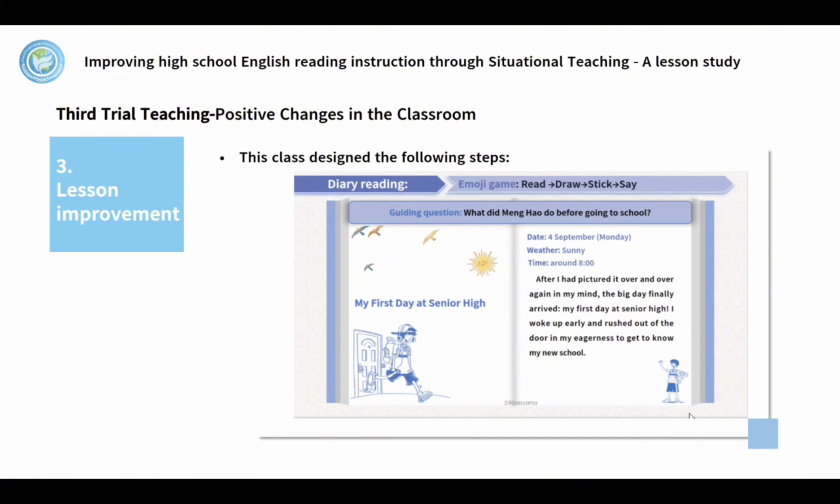This can stimulate the students' initiative through the 4 steps of read, draw, speak, and say. On each page of the diary, the teacher also provided guiding questions for the students, which can provide scaffolding for the students' independent reading. This can also guide the students to find the experiences as the basis and feel the emotional changes in the form of drawing emojis.